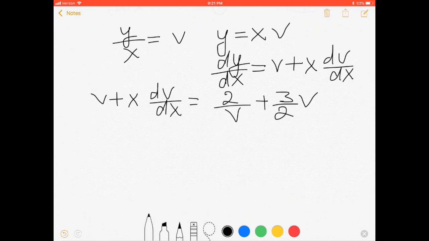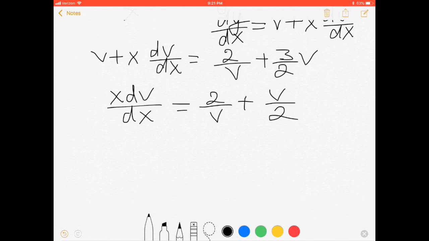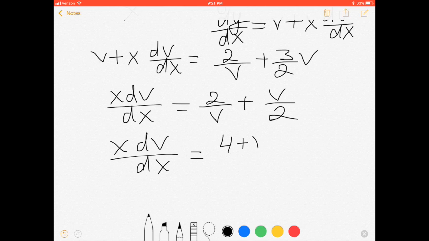Move v to the right side and simplify. We have x dv/dx equals 2 over v plus v over 2. Okay, this means x dv/dx will be (4 plus v squared) over 2v.